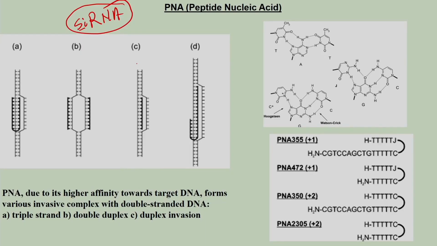Let us start with the easiest one. As I was saying, the characteristics of a molecular probe: if you have a target DNA, this is a double stranded DNA.